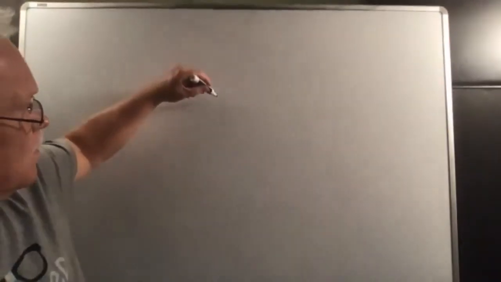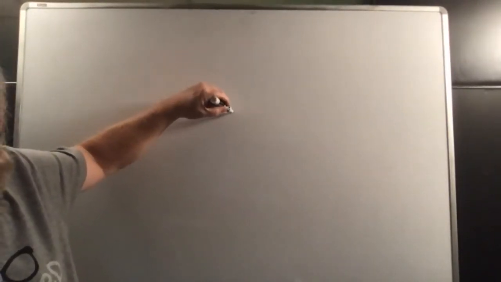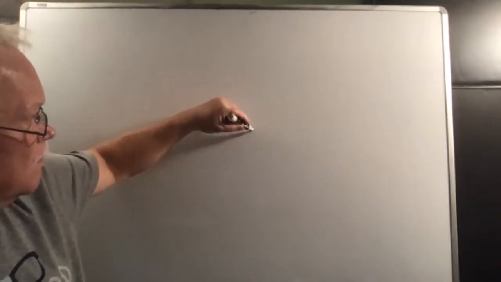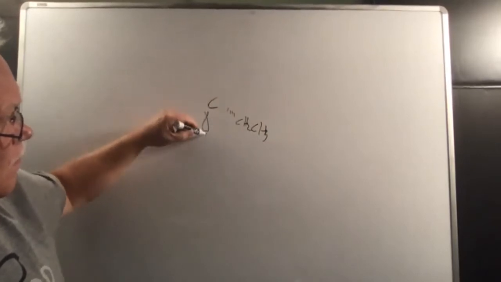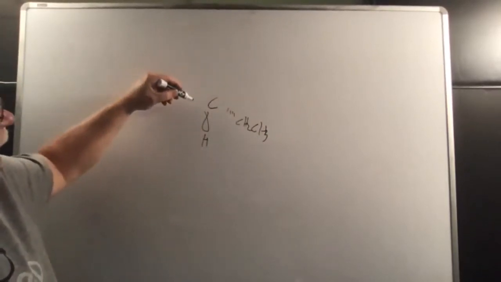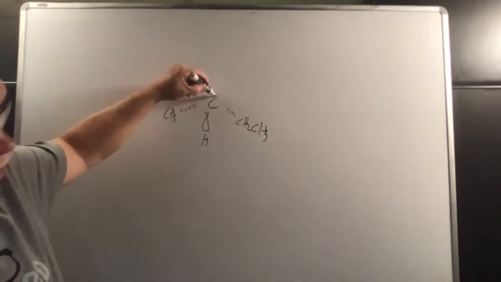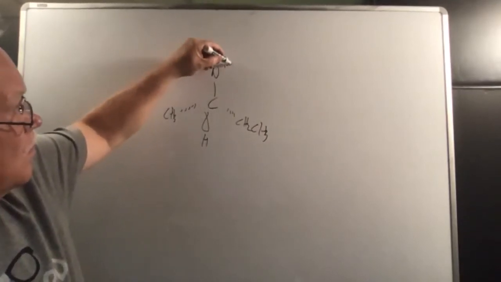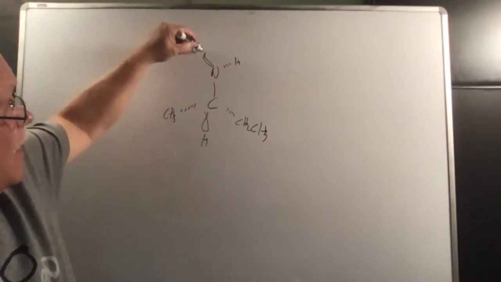Now, having said that, I want to ask you this question. So this is a question on your first biochemistry test whenever you take biochemistry. And I'm going to change it a little bit. And I'm going to put a CH3 group out here.